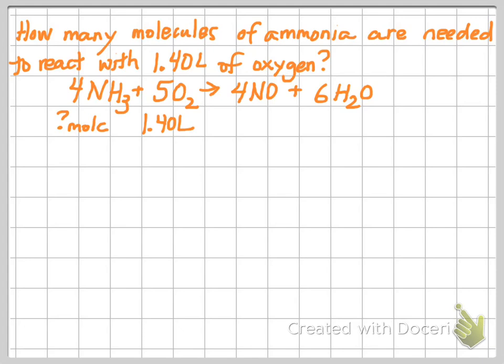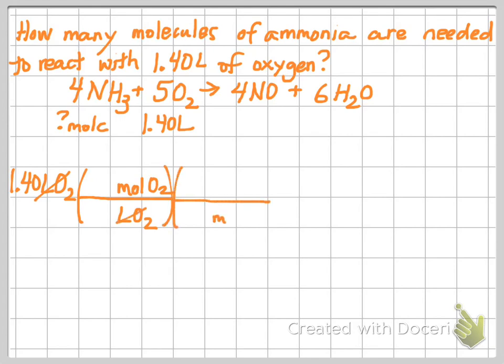I'm still going to start with my given, which in this case was the 1.40 liters of oxygen. Again, I have to change from one substance to another, so I know I'm going to have to use a mole ratio. So I'm going to use molar volume to convert liters of oxygen to moles. Moles of oxygen will have to go in the denominator. And so moles of ammonia this time are going to go in my numerator because I'm being asked about something with ammonia.